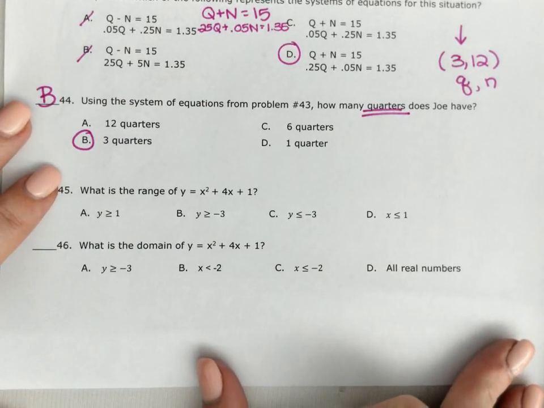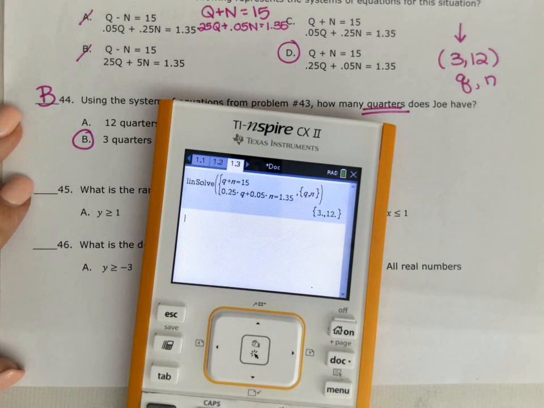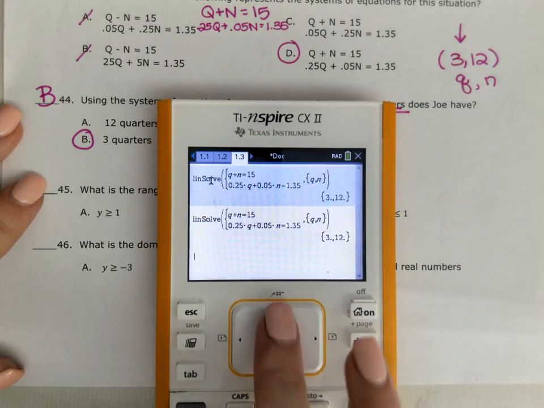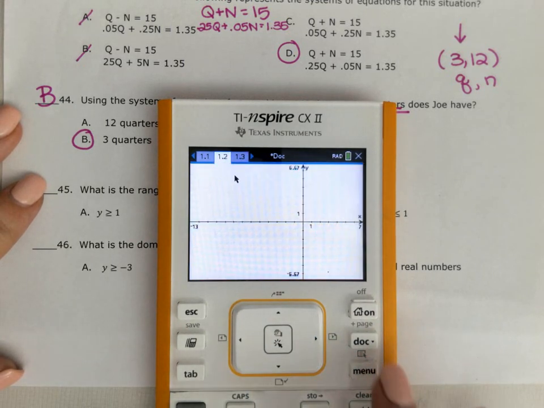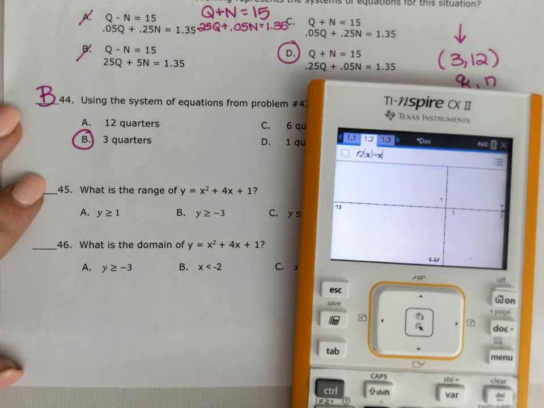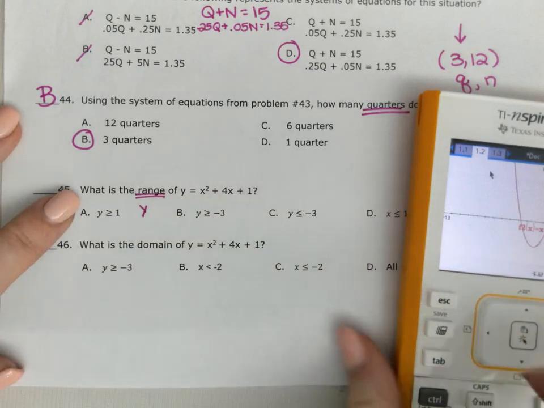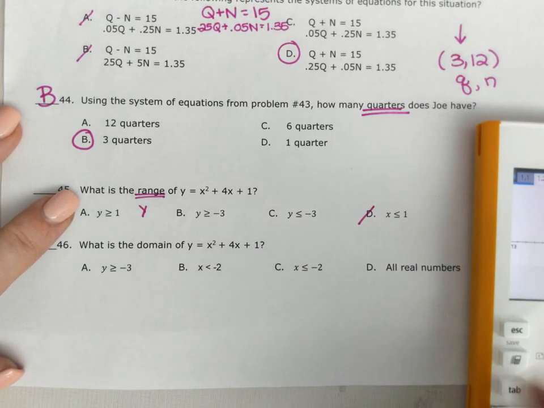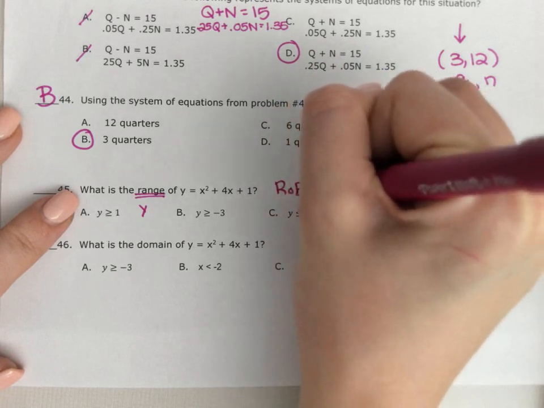What is the range of this function? So, it's giving me an equation. I'm going to type it in. Go to my graph. Menu 3, 1, and I'm going to type in x squared plus 4x plus 1. So range is my y values, so I can eliminate D. And it's also bottom to top.